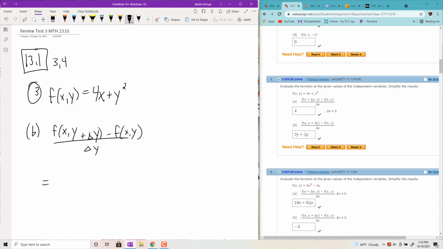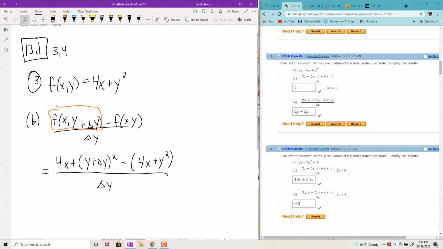Okay, so you're substituting in x and y plus change in y into the original function. So I'll have 4x plus, instead of y, put y plus change in y squared, and then minus f of x. You have to subtract the whole thing, so put parentheses around it, please. That would be all over change in y.